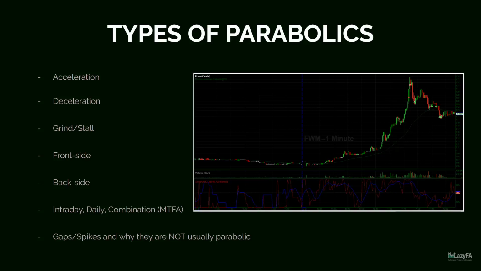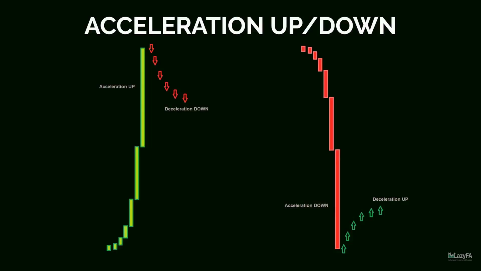So you might see it both on the daily chart and the intraday chart, which is actually an even more powerful signal, right? Because the stock is parabolic both in the longer term as well as in the short term. So we'll talk about the different places that they can show up. And then we'll also just touch briefly on gap ups and gap downs and big rapid spikes all in one candle, and why those are not usually good for parabolic trades.